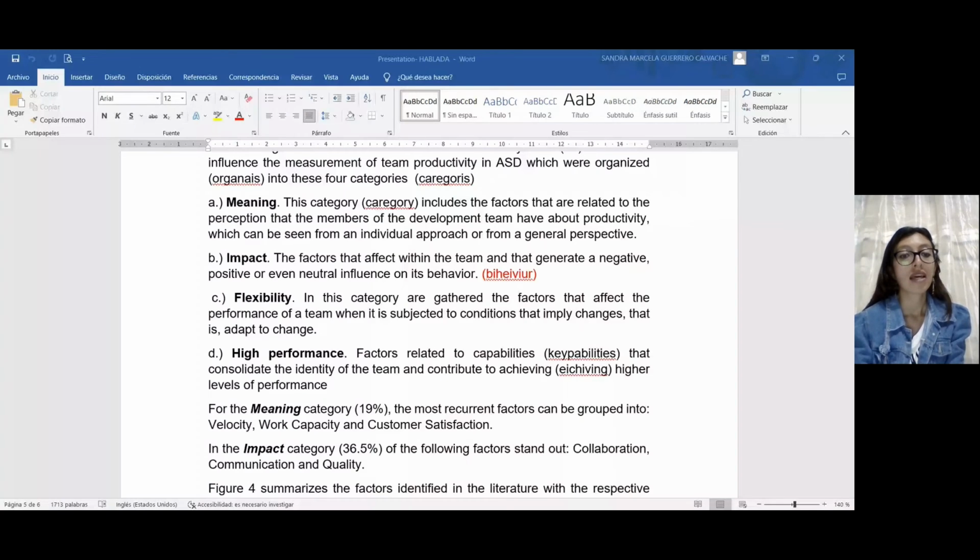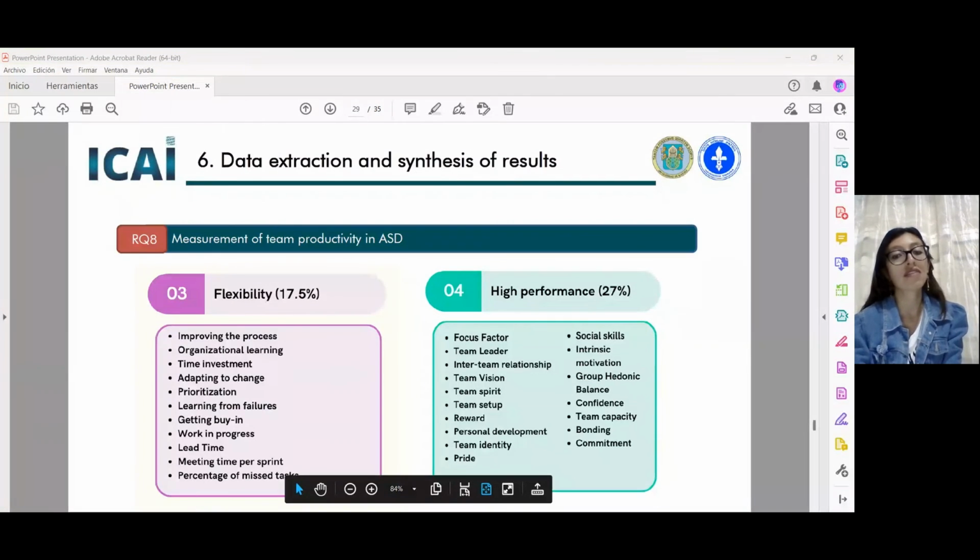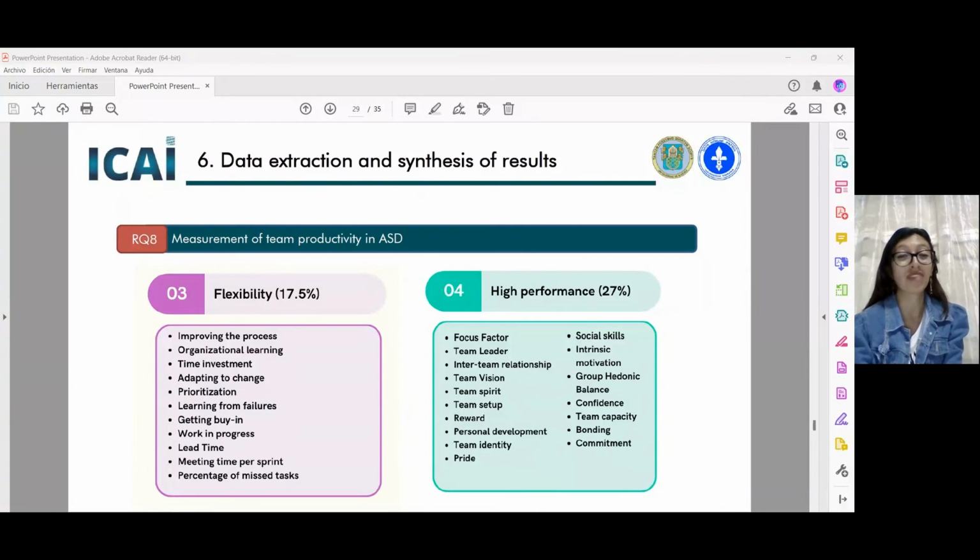Flexibility category: in this category are gathered the factors that affect the performance of the team when it is subject to conditions that imply change, that is, adapting to change. And finally, high performance: factors related to the capability that consolidates the identity of the team and contributes to achieving higher levels of performance.